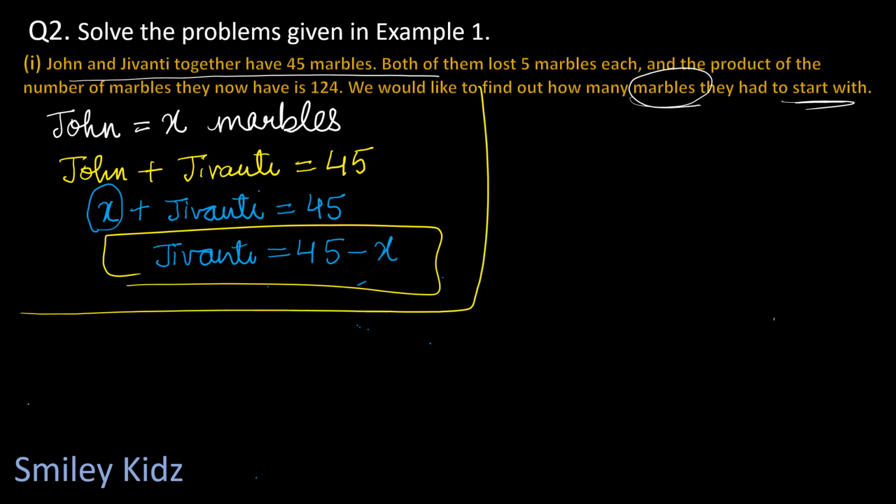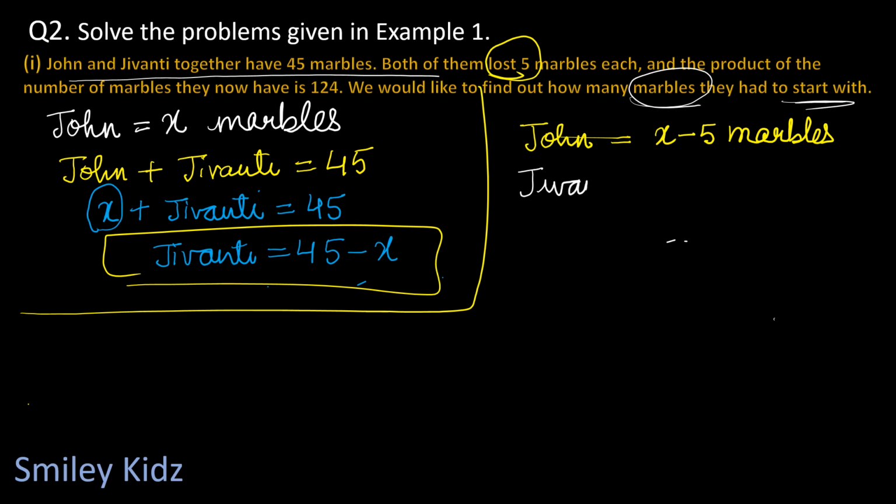Condition 2 says that both of them lost 5 marbles each. John initially had x marbles. When he lost 5 marbles, he will have x minus 5 marbles with him. And what about Jivanti?